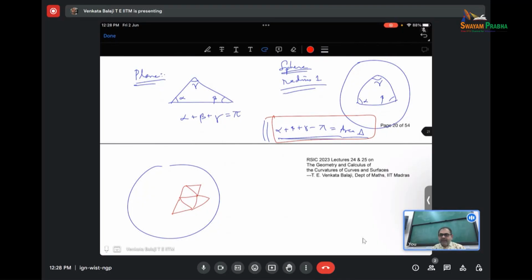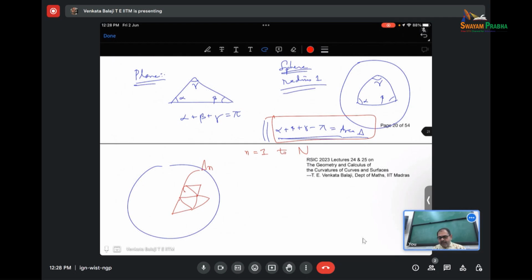Let's do this calculation. It's very, very easy. Let us say delta n is a triangle. This is the nth triangle, and there are n equal to 1 to capital N triangles for the whole sphere.